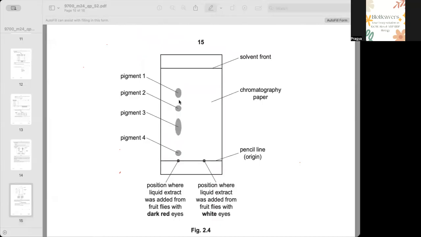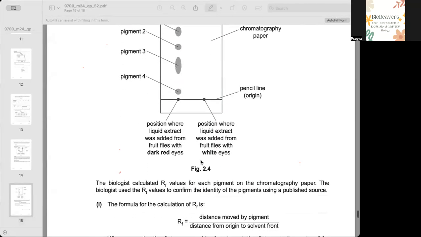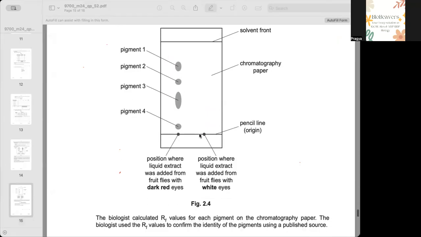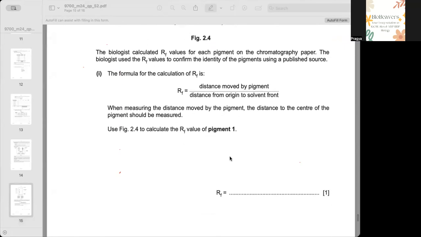Obviously your numerator value is the distance moved by the pigment. You make the measurement from the bottom and you make the measurement from the top, divide the two, and you will be getting a value of 0.73.